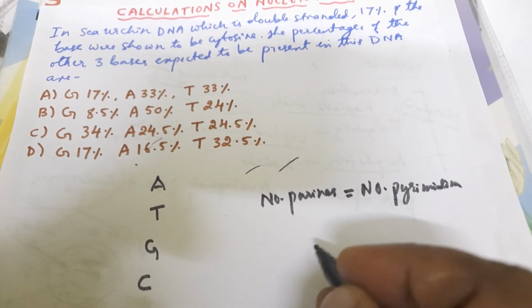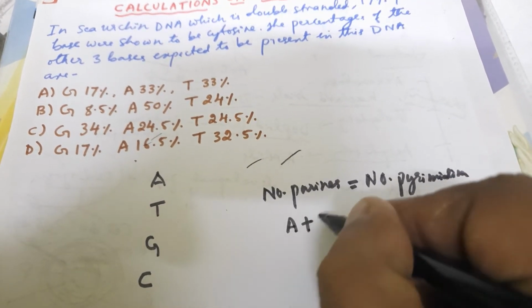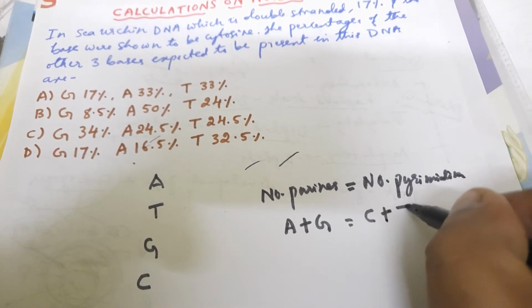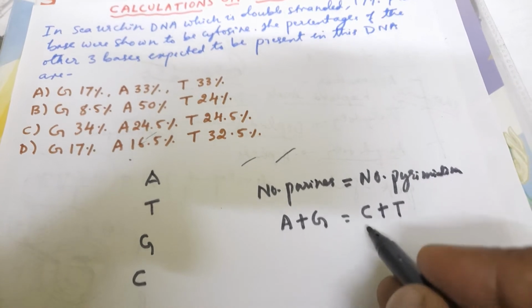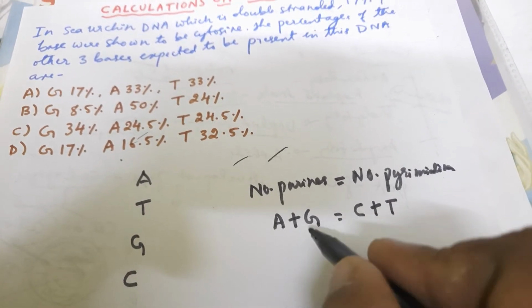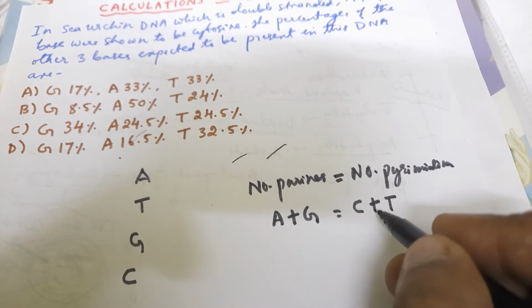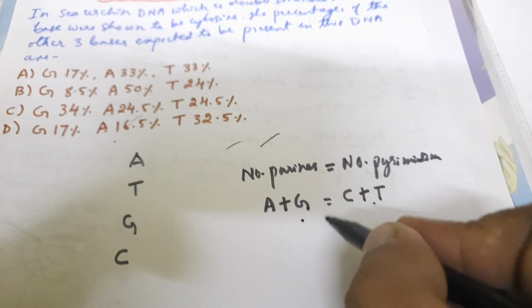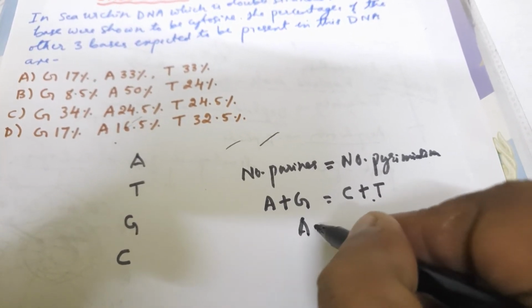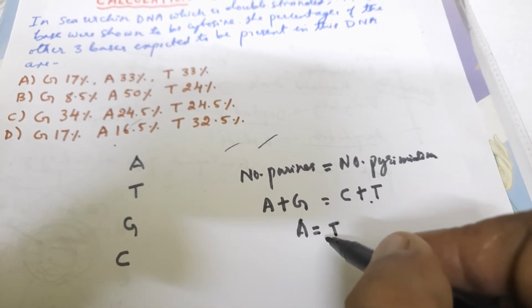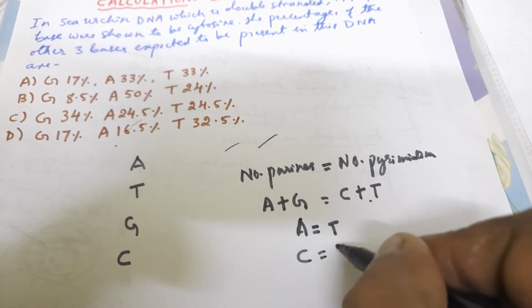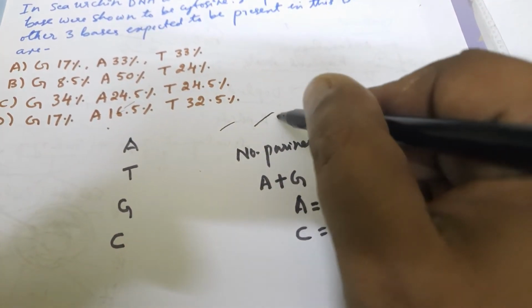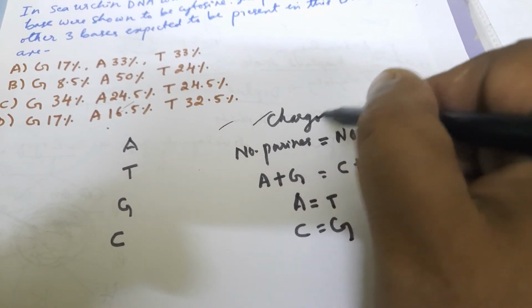That is A plus G, the purines, is equal to C plus T, the pyrimidines. That shows that A is equal to T, and C is equal to G.